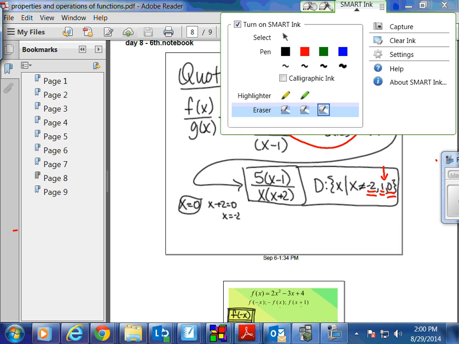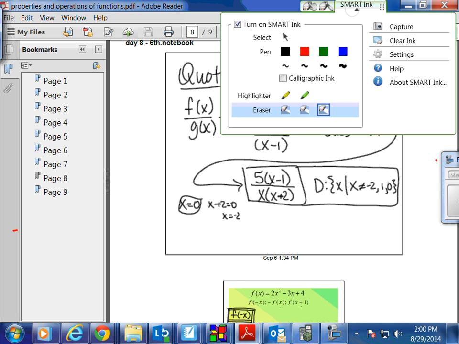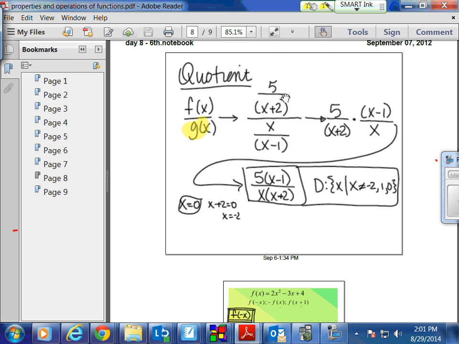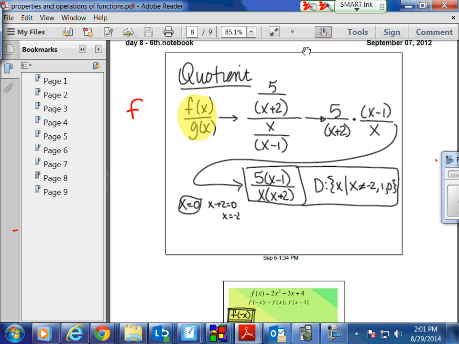Now let me erase some things first, because I went ahead and pulled them out. When you're taking the quotient, the first thing that I want to make sure that you all realize is this part of it right here. And really this is a translation of this part here, which would probably be written like this. Oh, actually, I jumped ahead myself.